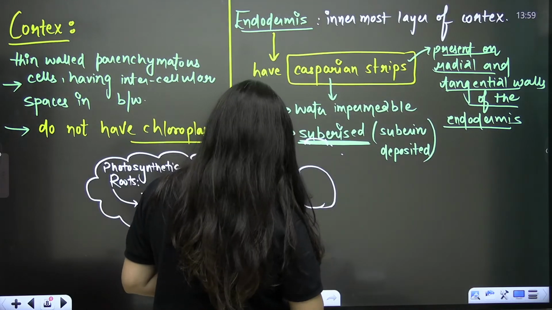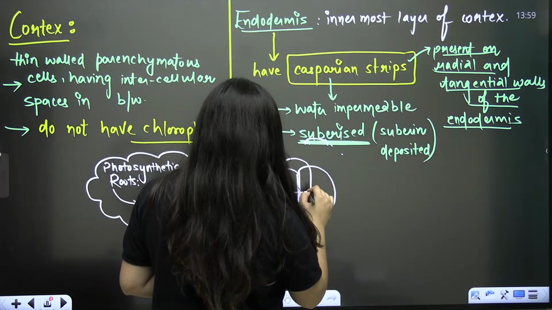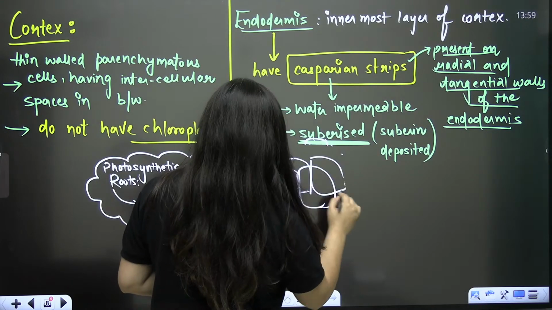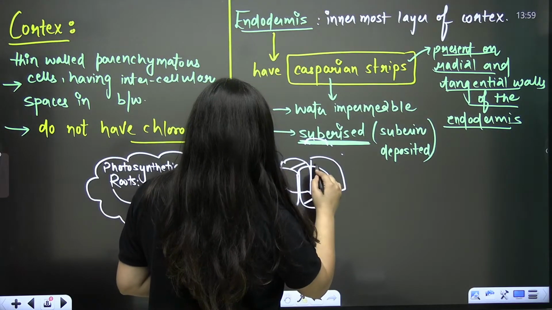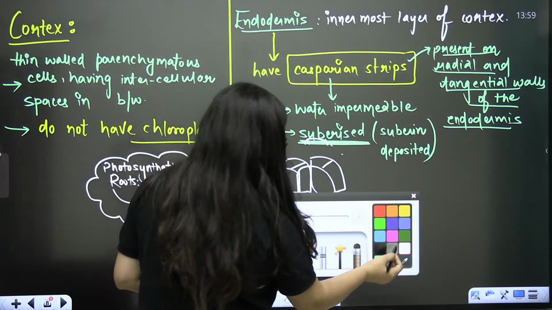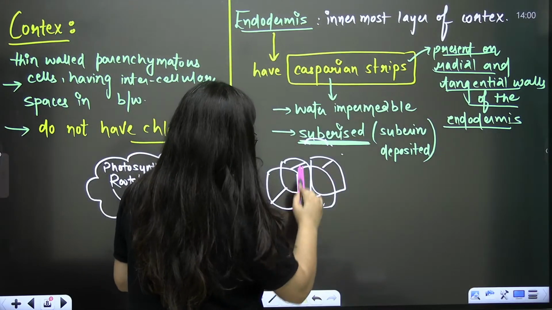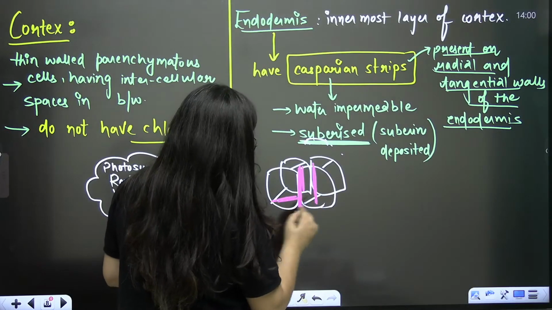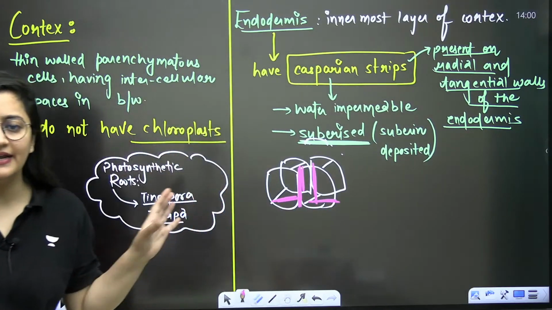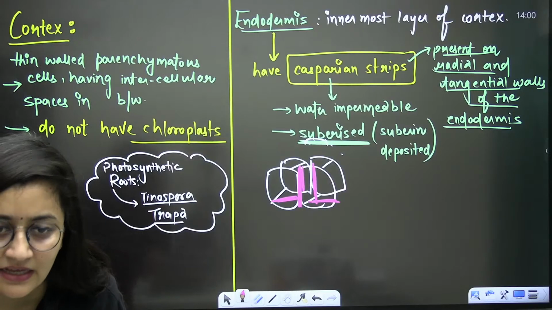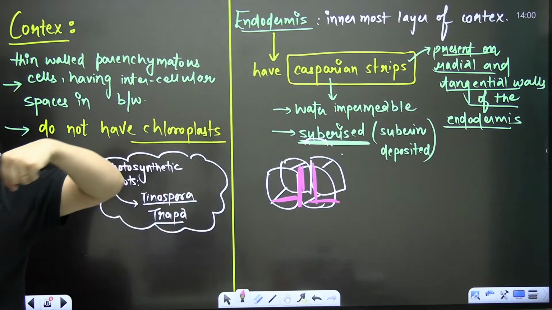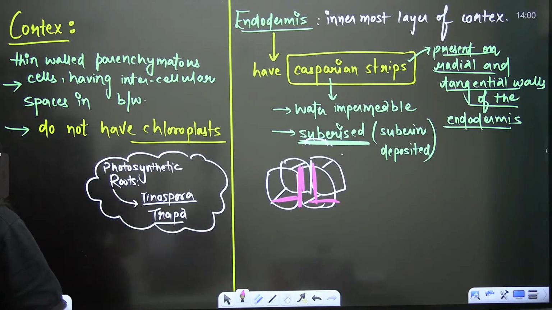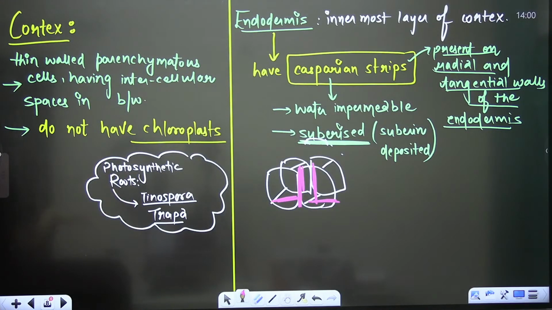Suppose this is the cell; the tangential walls and the radial walls will contain the Casparian strip. This is what you need to keep in your mind. So it will act like a water impermeable system. Why? Because suberin is deposited there.